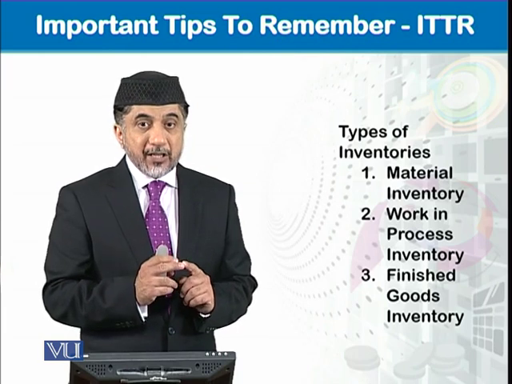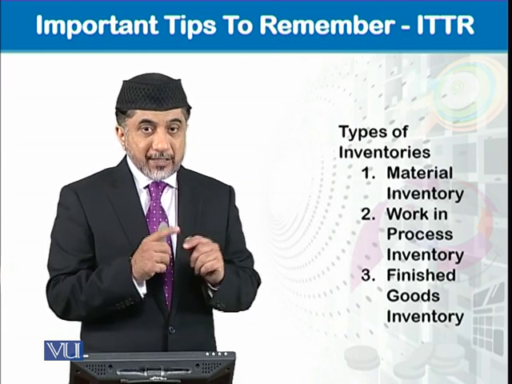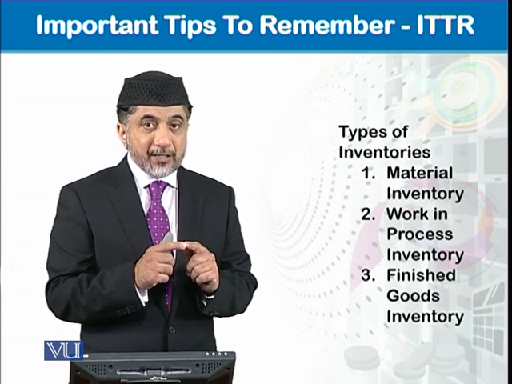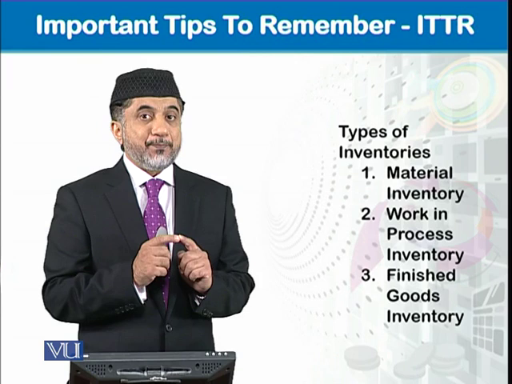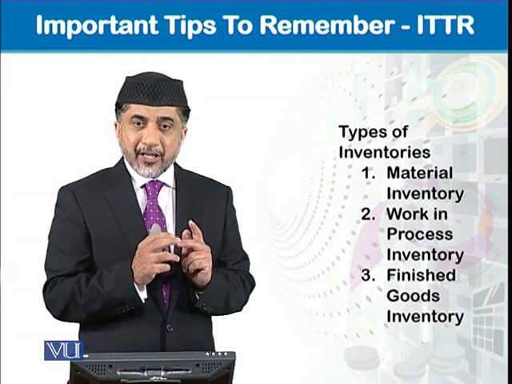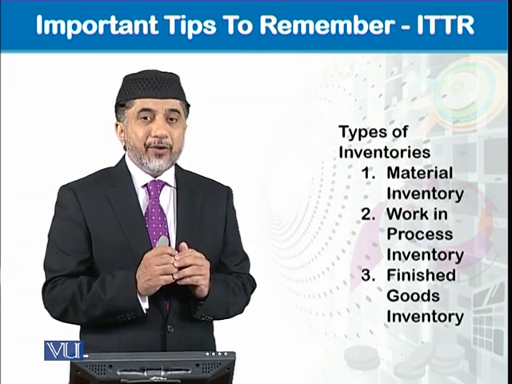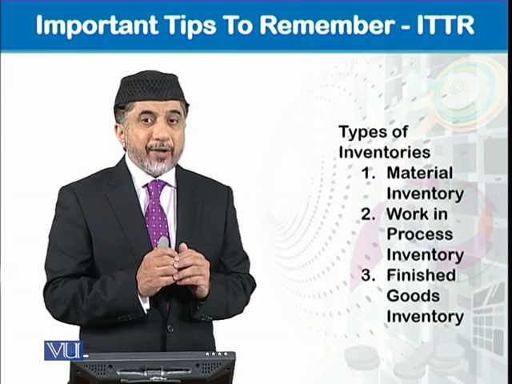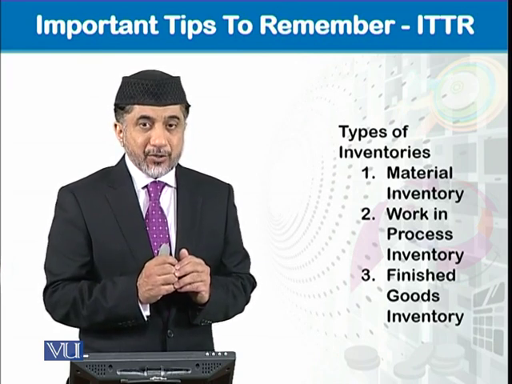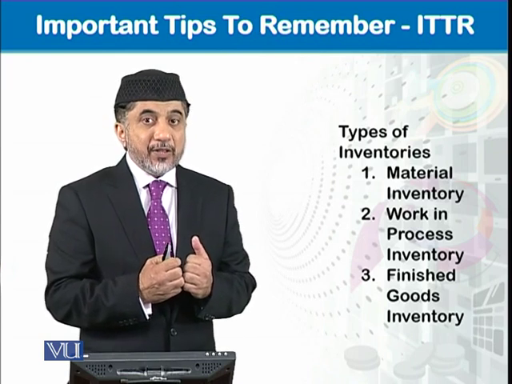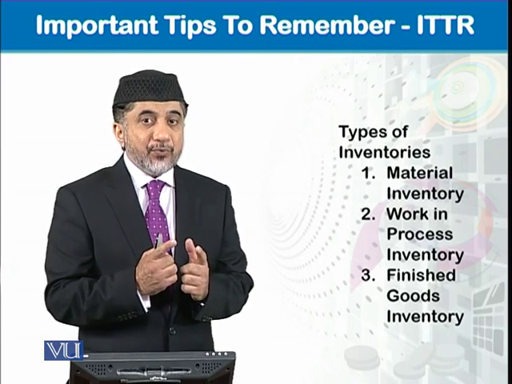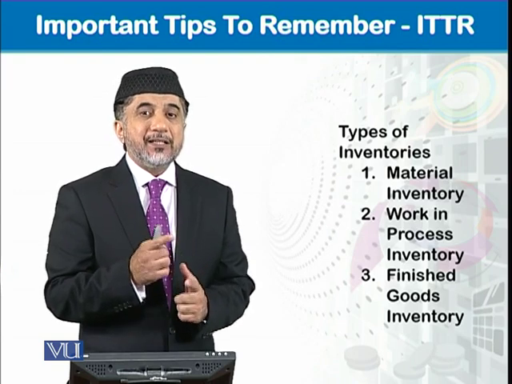Direct material inventory will be worked out when we are calculating the cost of consumption for direct materials, and indirect material inventory will be worked out when we are working out factory overhead cost. So indirect material purchased will be adjusted with the opening and closing balance of the indirect material inventory.